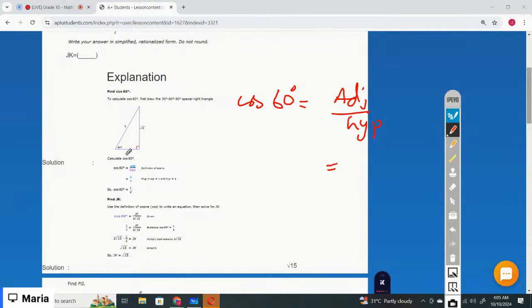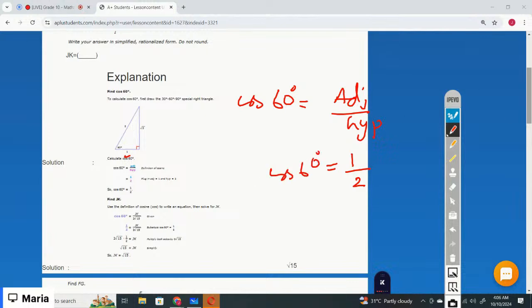So adjacent is 1 and hypotenuse is 2. Basically, these are the special triangles. You need to use the 30, 60, 90 special right triangle to find cos 60. So in the special triangle, that is 1 over 2. That is cos of 60 degrees.